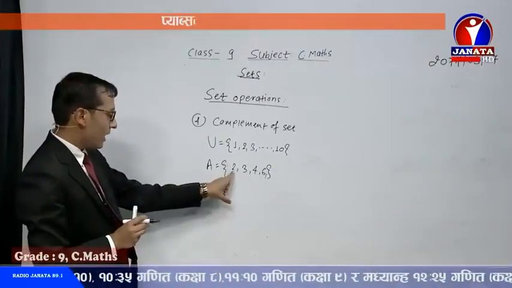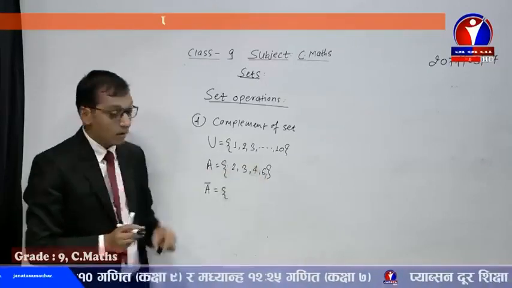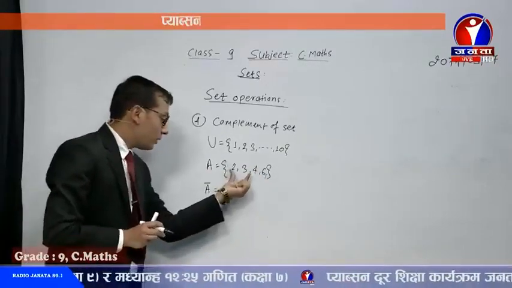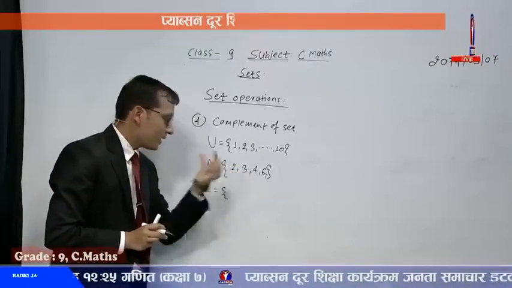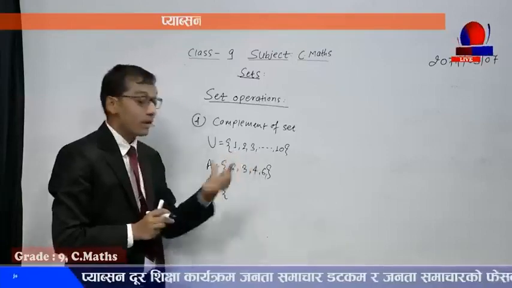Look at the elements of set A. Elements of set A are 2, 3, 4 and 6. So except the elements of set A, what are the remaining elements in the universal set?